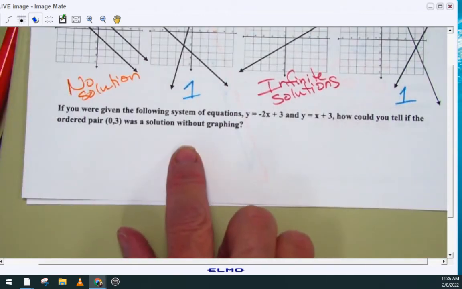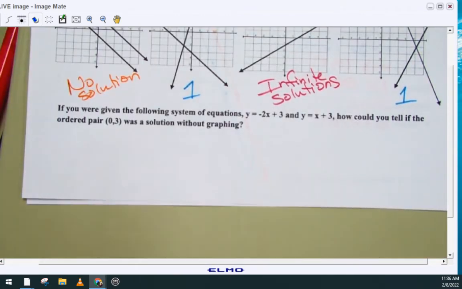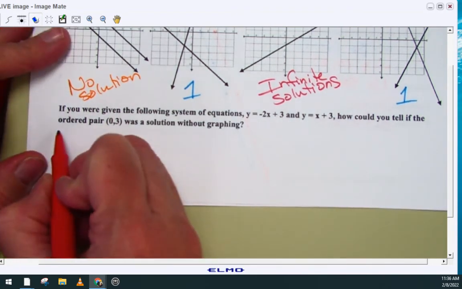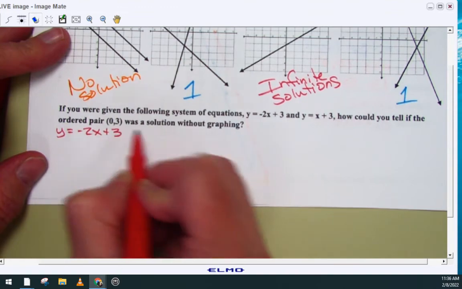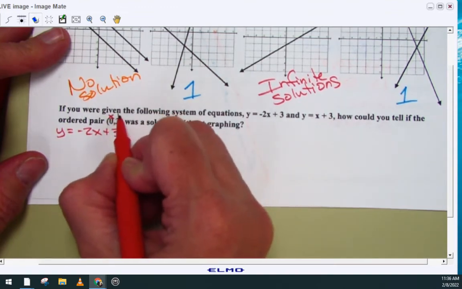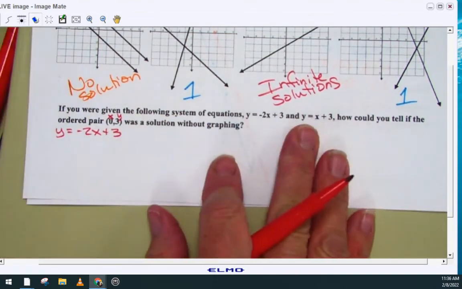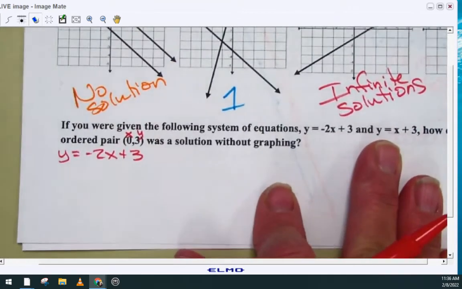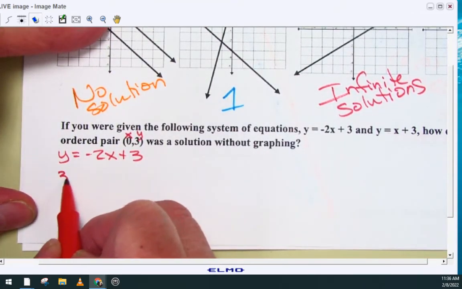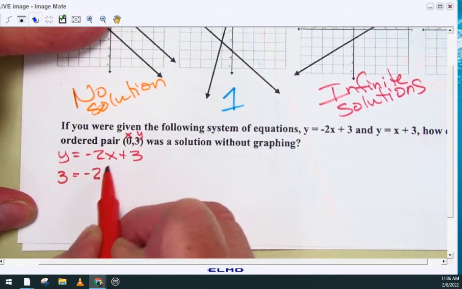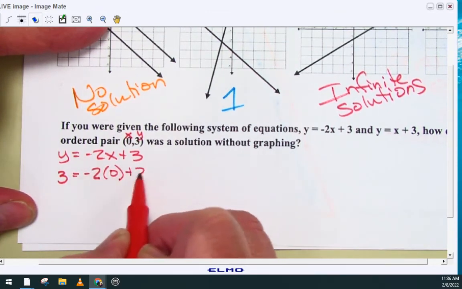So we have to prove that this is a solution to both of the equations. So if I have y equals negative 2x plus 3, this is my x value, this is my y value. I'll even zoom in a little. I'm going to replace my y value with 3, my x value with 0. Where did I come up with that? Right there.